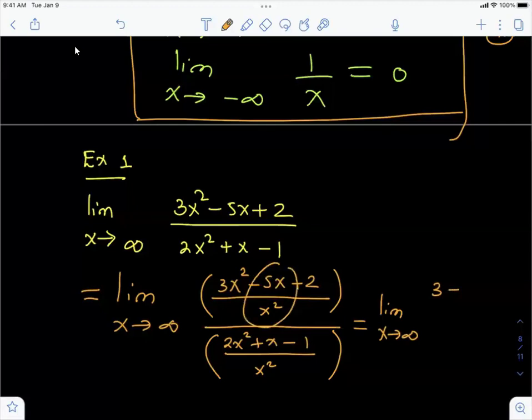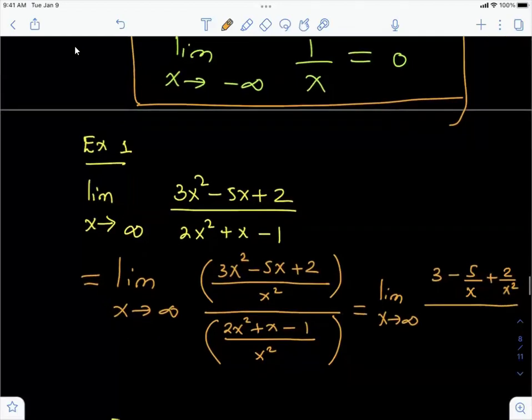And then 5x divided by x squared, that would be 5 over x after the cancellation of one of the common factors, and then plus 2 over x squared. The whole thing is divided by what's in the denominator. The similar computation, can you see? It is going to be 2 plus 1 over x minus 1 over x squared.